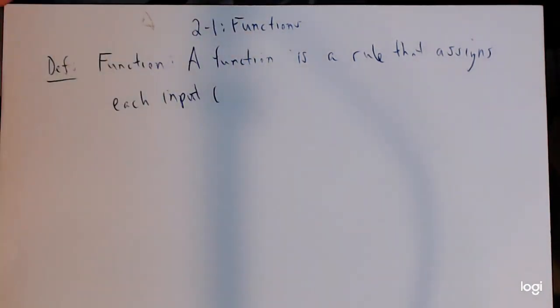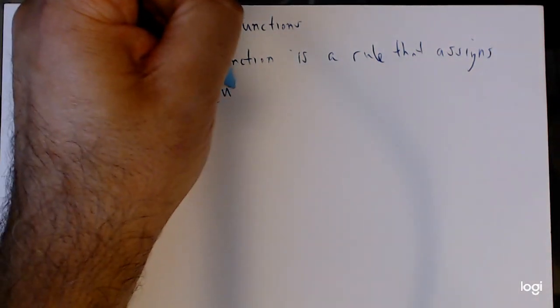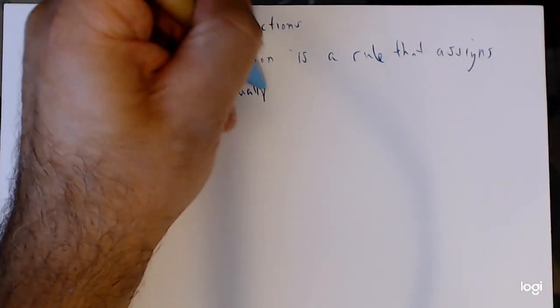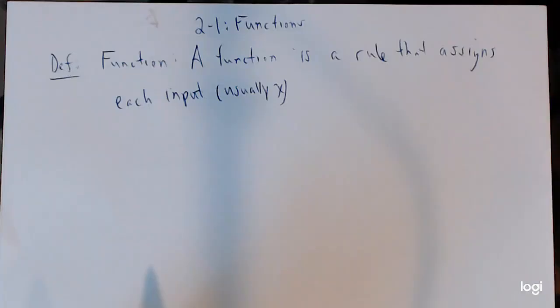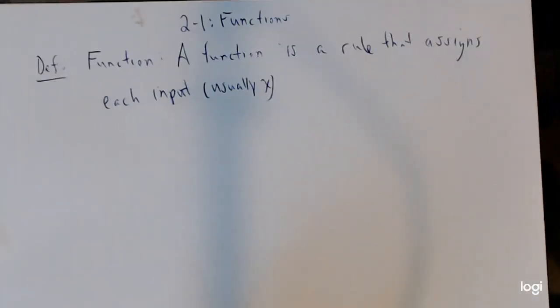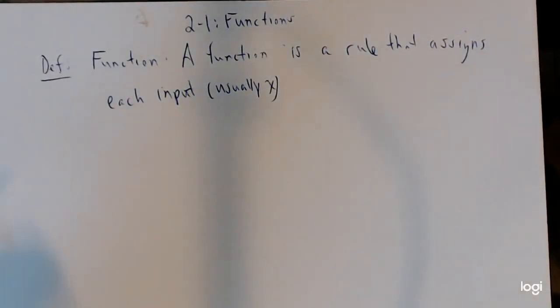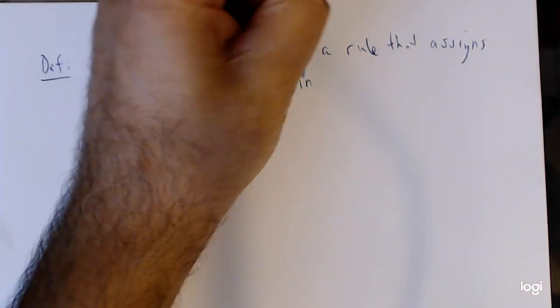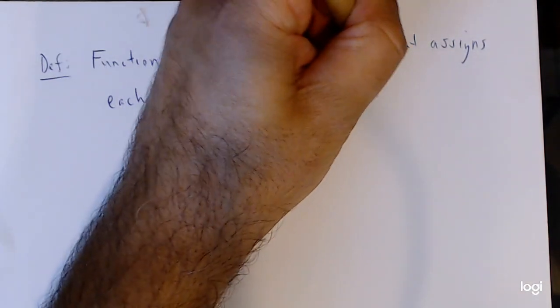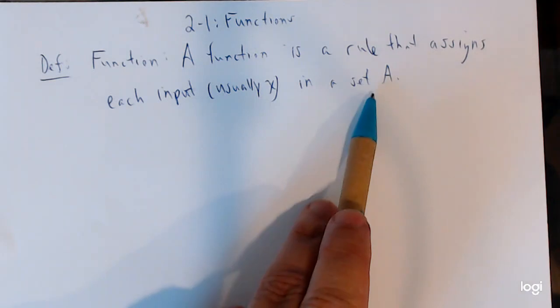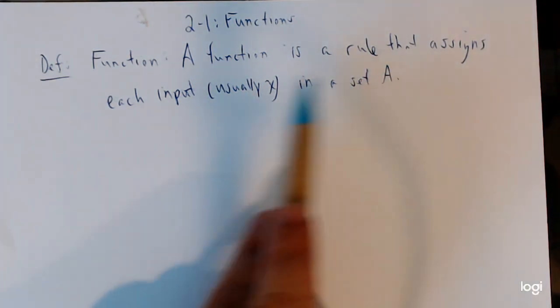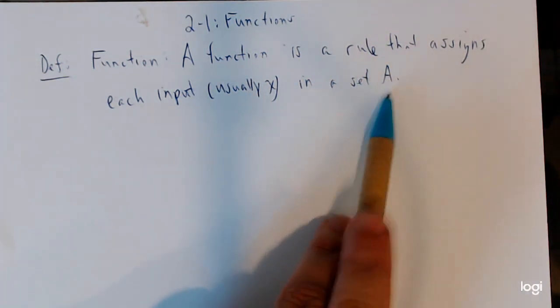And this input that we talk about, I think what you're usually used to is that x is your input. But you'll notice, especially when you get into calculus, it doesn't necessarily always have to be x. So this is in a set A.